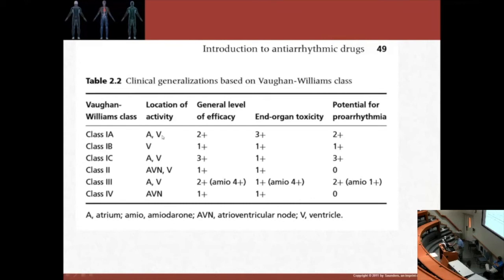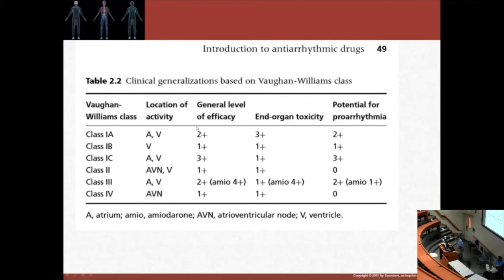This would be in contrast to the class 1B agents, which primarily only affect ventricular muscle. So right off the bat, if you've got a ventricular problem, either of these agents would probably be okay, right? But if you have an atrial problem, a class 1B agent really won't affect that much.